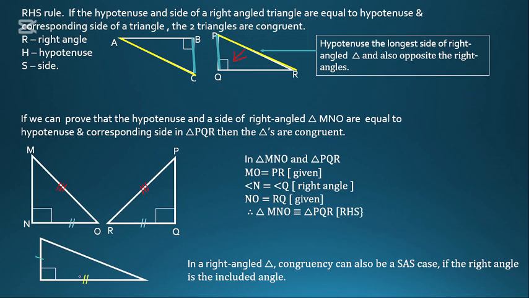Side, angle, side, and a 90-degree angle is included there, if the right angle is the included angle. So it's not always right angle, hypotenuse, side. It's only if the hypotenuse is marked, then it's RHS. But sometimes the 90-degree angle is included between the other two sides, then it's a SAS case.